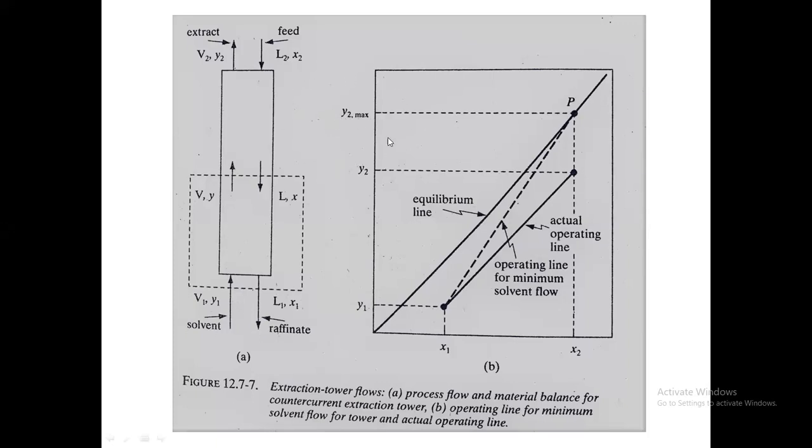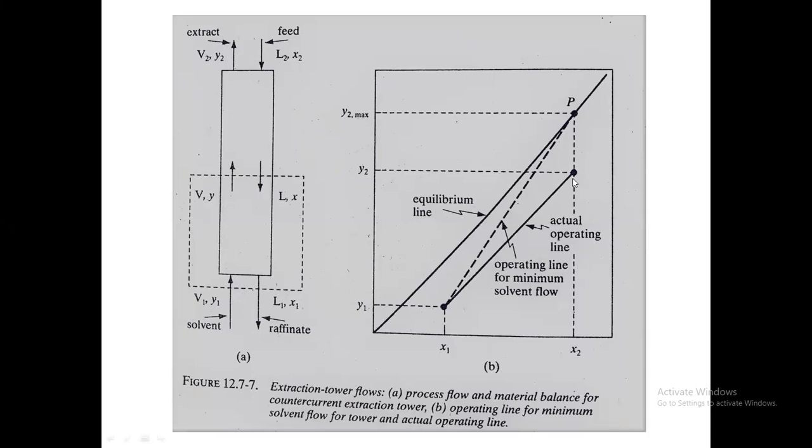or shall I say, the maximum mass fraction of A in Y2. And what is Y2? If you look at Y2, Y2 is the extract, equivalent to the representation of Y1. Okay?